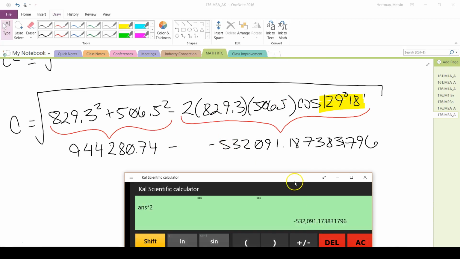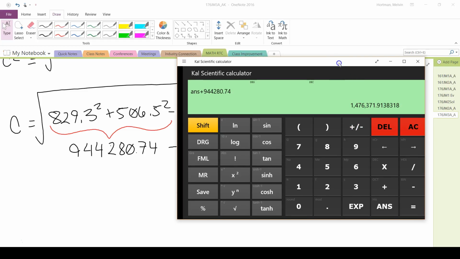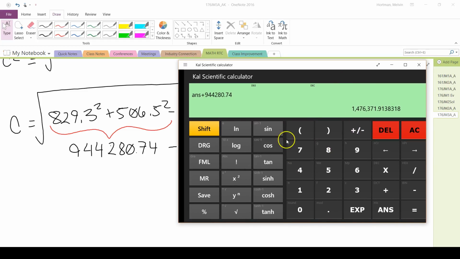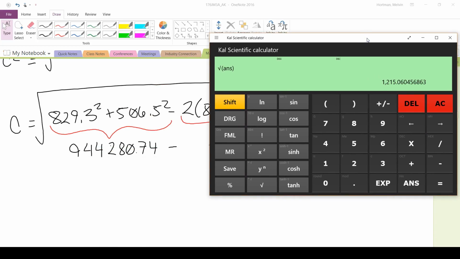So to this I'll first make it positive, and then add our 944,280.74. I get 1 million something. Then I take the square root of that. I get 1215.06.